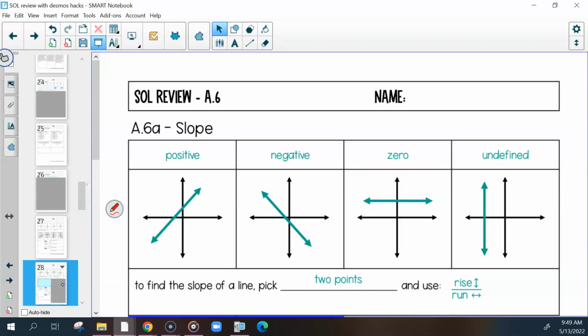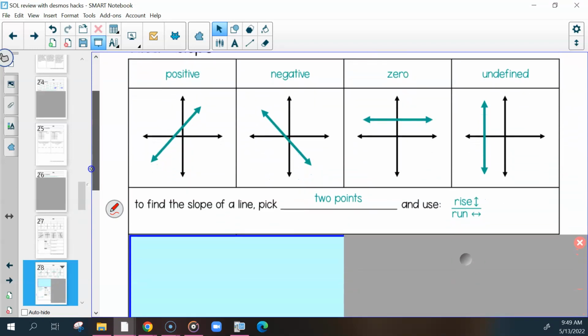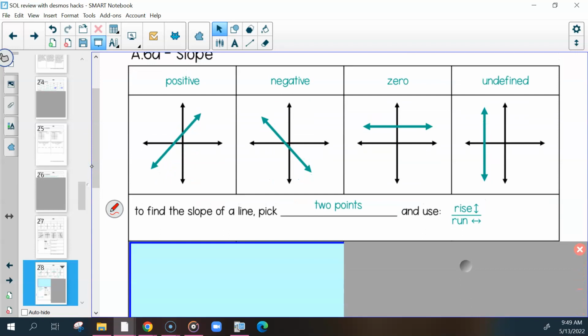On the next page, this is all about slope. So we have positive slope, and you can just draw a positive line, negative, 0, and undefined. To find the slope of a line, pick 2 points and use rise over run. So it's telling you count your slope on the line.